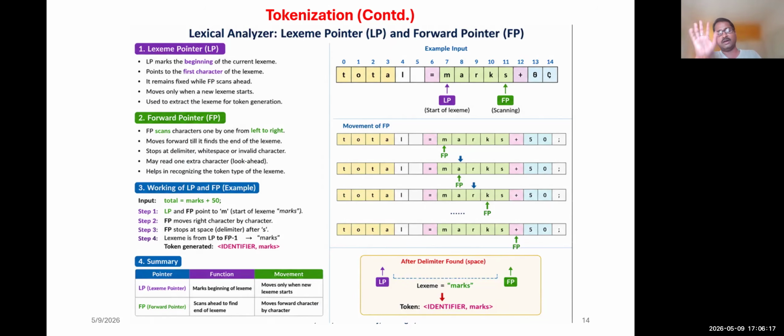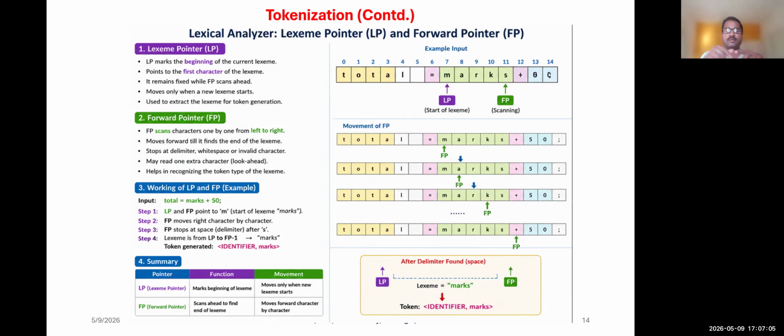LP and FP both initially point to the character M. Now LP is constant at M, but the forward pointer is moving: first M, then A, then R, then K, then S. Then it encounters plus. S and plus are different symbols, right?